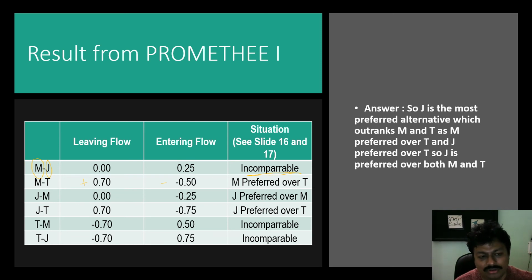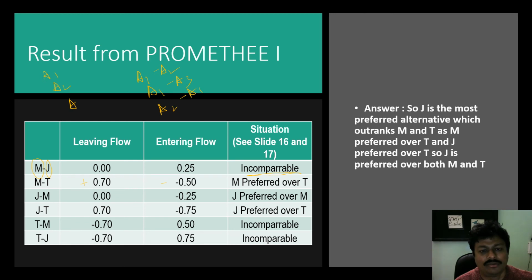And follow the sequence, don't change the sequence. M minus J, M minus D, J minus N, J minus D, T minus N, T minus J. Don't change the sequence. That means if you have three alternatives, A1, A2, A3, then A1 minus A2 will be there, A1 minus A3 will be there. Now A1 is complete. Then you go to A2.